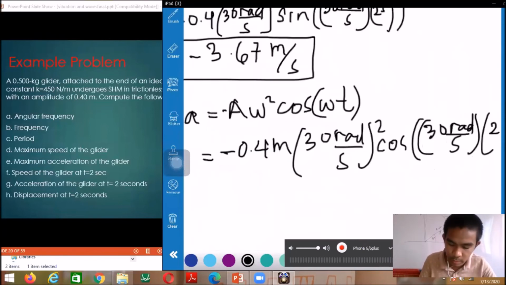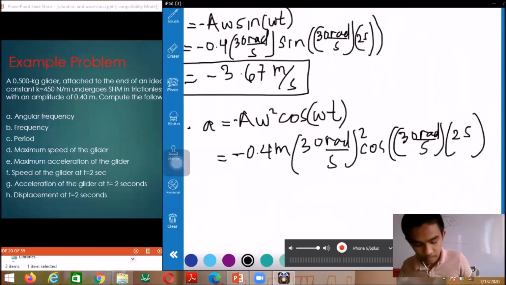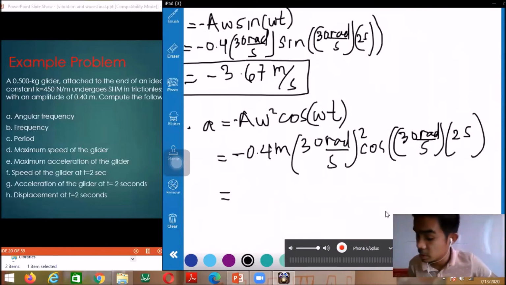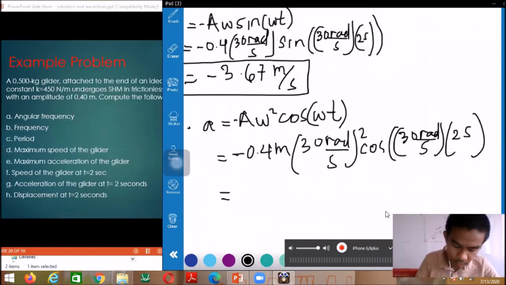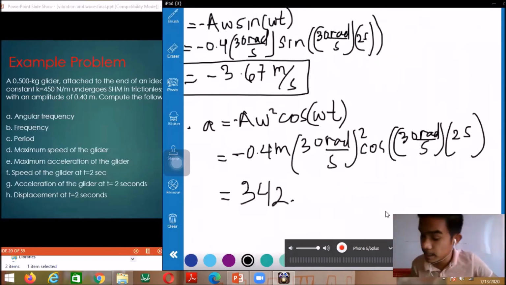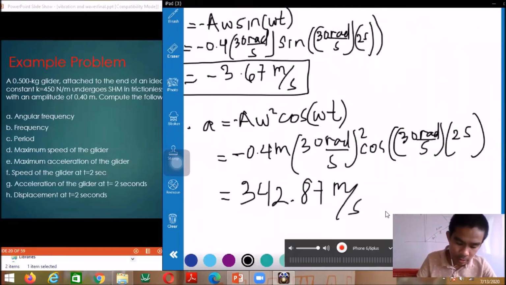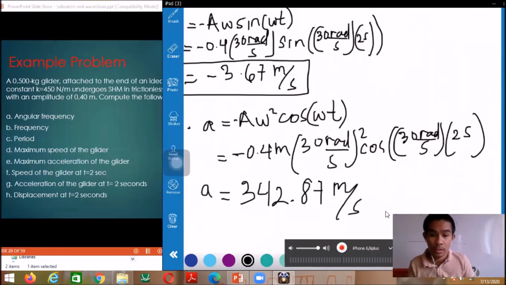We'll compute. We have acceleration at time equals 2 seconds, 342.87 meters per second squared. So that's the acceleration 2 seconds after it is released.